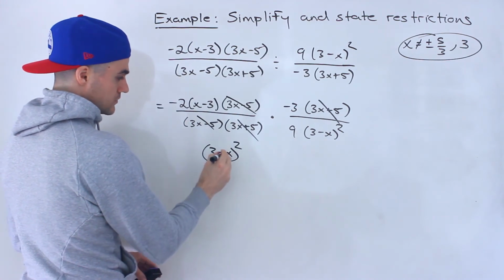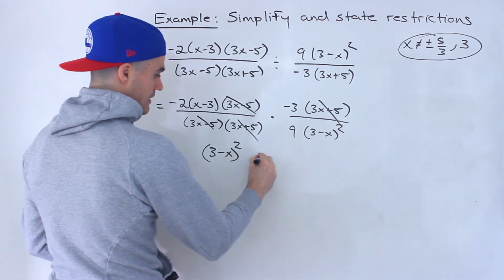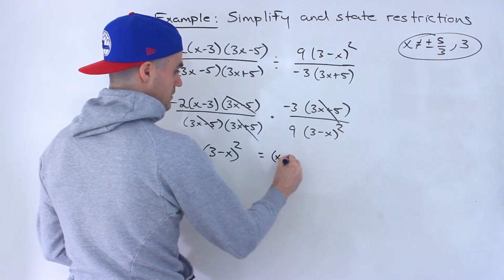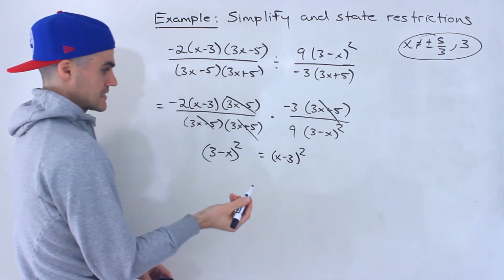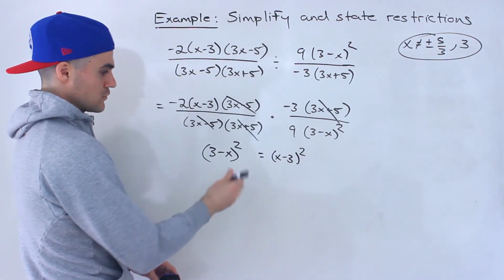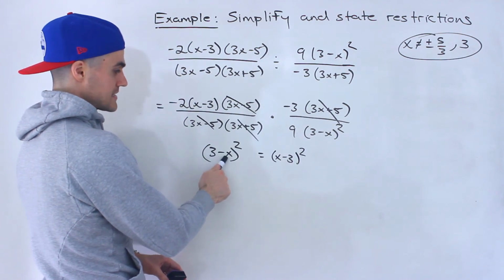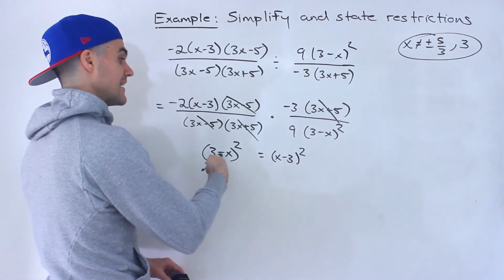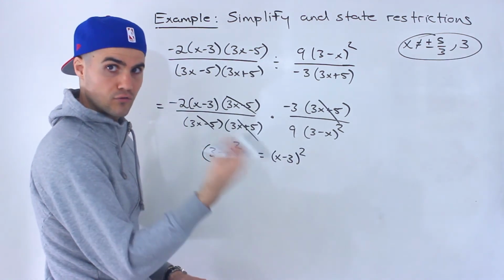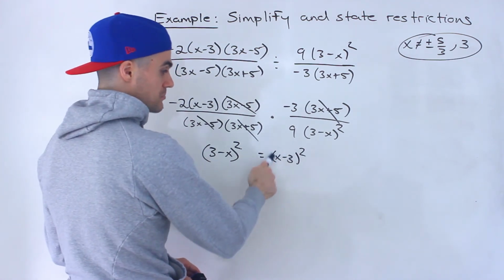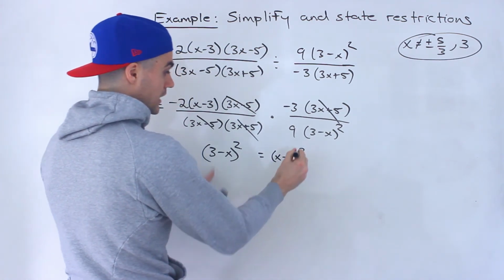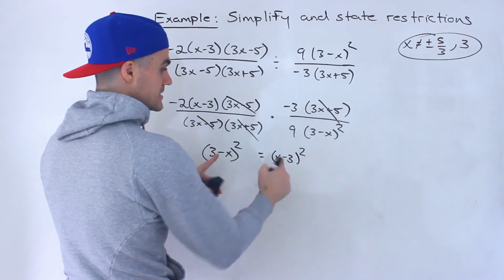What we would do to show that this and this are the exact same thing, right? So if we plug in like 10 here, notice 3 minus 10 is going to give us negative 7, but then negative 7 squared is going to give us 49. 10 minus 3 would give us positive 7. 7 squared would give us 49. So that square makes these both the same.